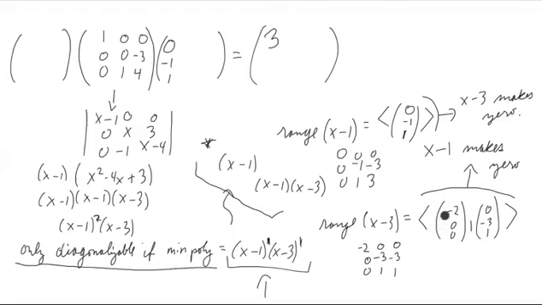Now here we actually get 2 things, so the eigenspace for x minus 1 actually has dimension 2. So we can write down a 1 and a 1 for that eigenvalue, and associated with each of those ones, we just put down what we see here, -2, 0, 0, and 0, -3, 1. Now, how did we find these?